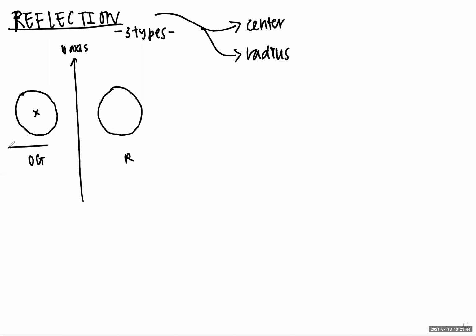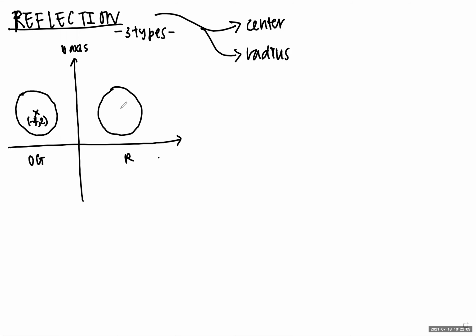Let's say this is my x and y axis. What do you think it makes sense for this center to be? Anybody can give me a random number? -4 and 2.